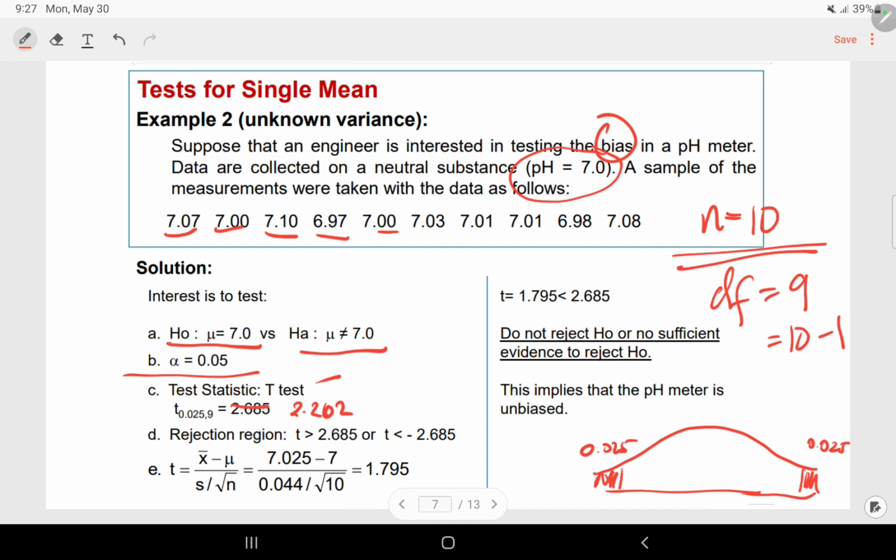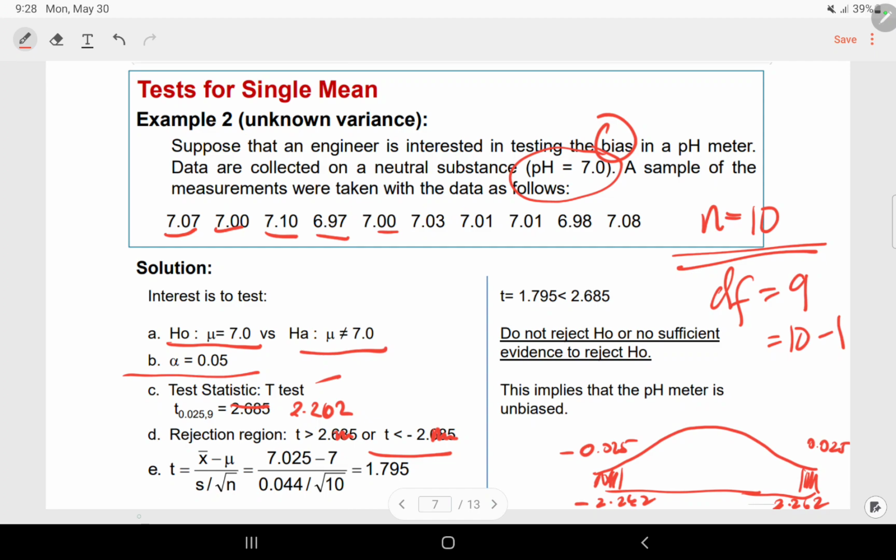Yan. So, let's now create a rejection region. So, if our value will be less than negative 2.262, yan. Tsaka kung greater than 2.262, we will reject H0.